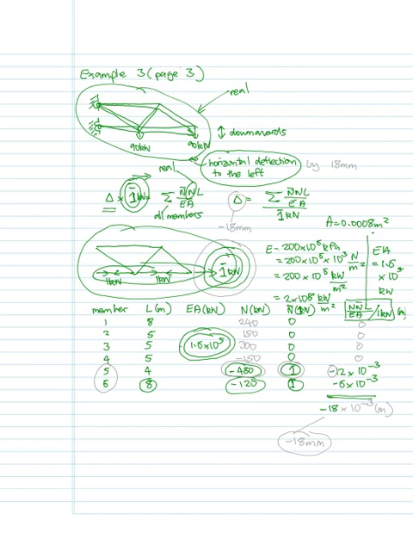It's going to be the negative of 18 times 10 to the minus 3 meters. And if we wanted to convert that into millimeters, that will be negative 18 times 10 to the minus 3 times meters, which is equal to minus 18 millimeters.